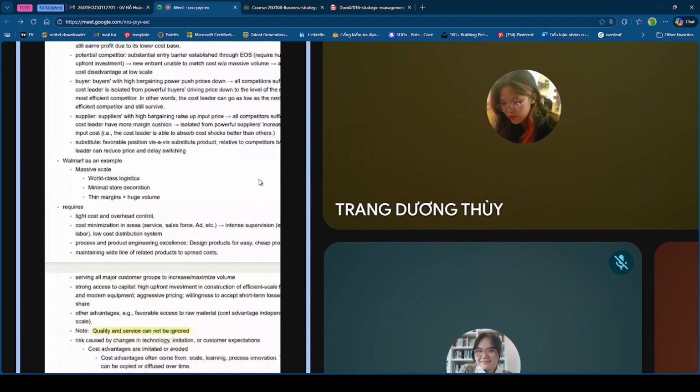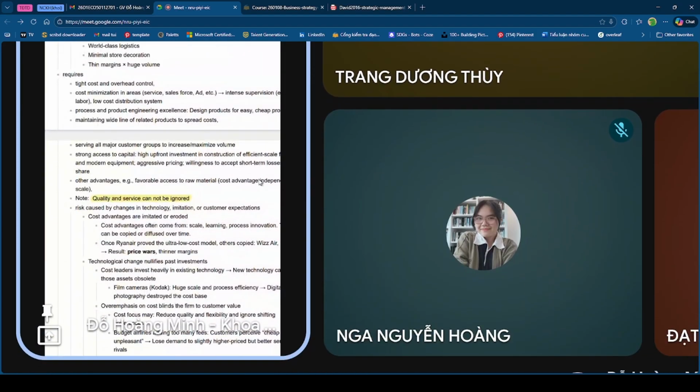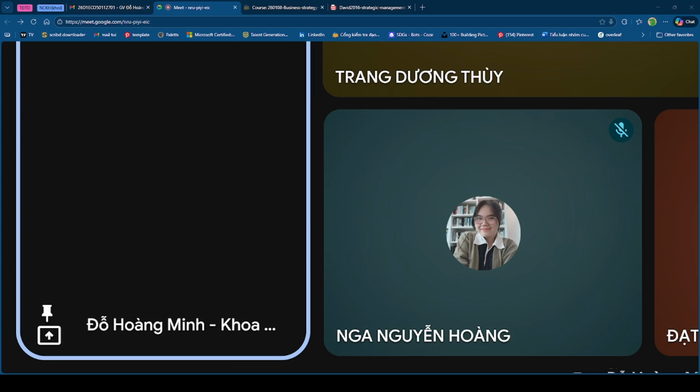And the large scale is very important for the cost advantage, because the large scale can help your firm to spread the cost, especially the fixed cost. Okay? So you can reduce the average fixed cost.